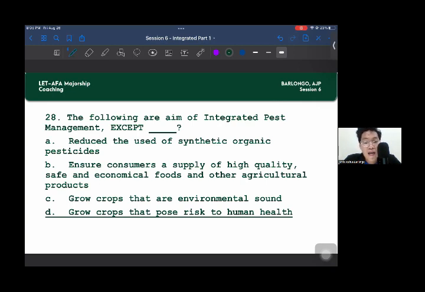So, hindi lang siya chemical, ayun actually yung iniiwasan. So, pwedeng merong biological, merong biotechnological, merong cultural. So, that is integrated pest management. You are doing all of those at once to limit yung chemical input sa isang farm.